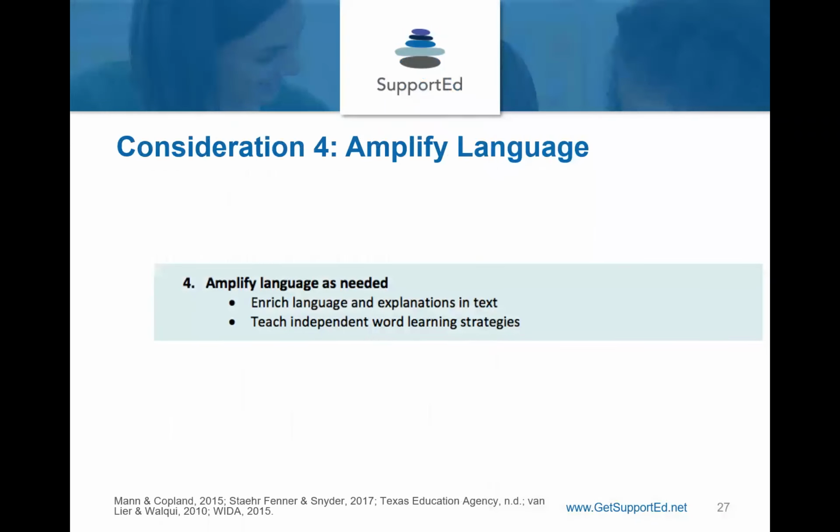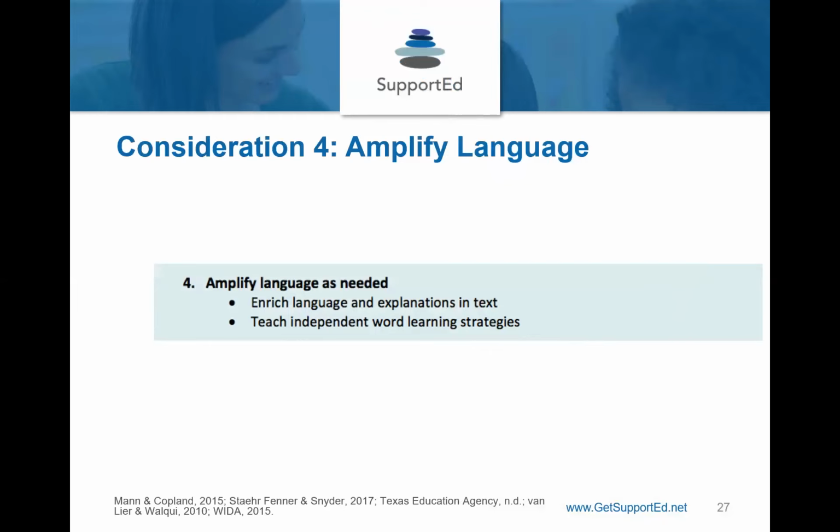All right. The consideration number 4 is amplifying language. So we're really moving away from simplifying language for students. I know in the past, I as well would rewrite sometimes the text and make it what I thought was simpler and more easily accessible. But what happens when we do that is that we're removing the very useful connecting words that really help these short sentences make sense together in a larger context.